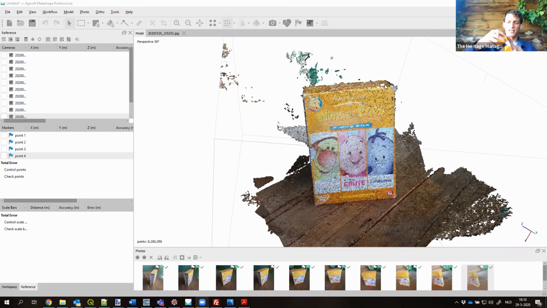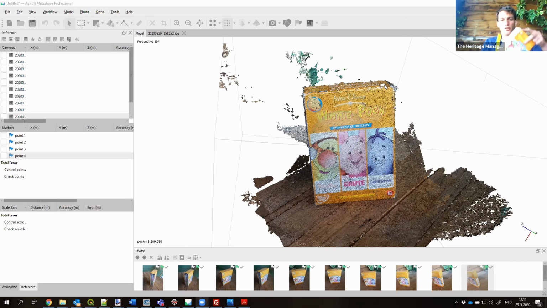Then for this distance, so from here to here, I measure a distance of, let's say, 4.7 centimeters.